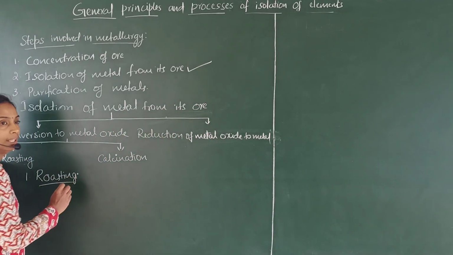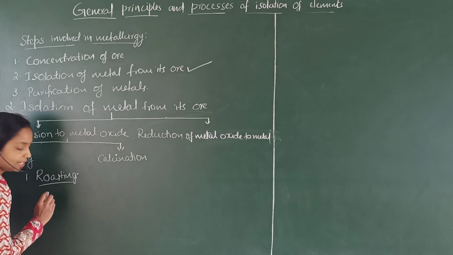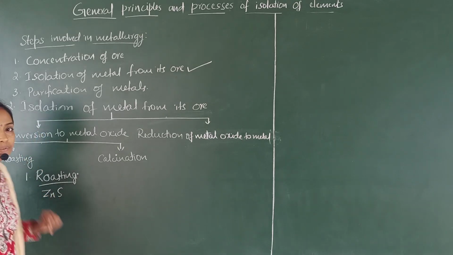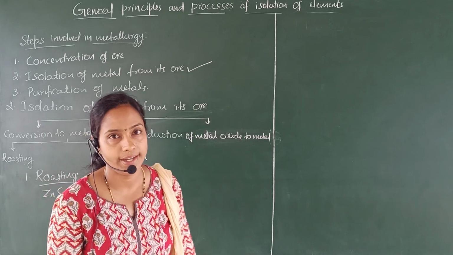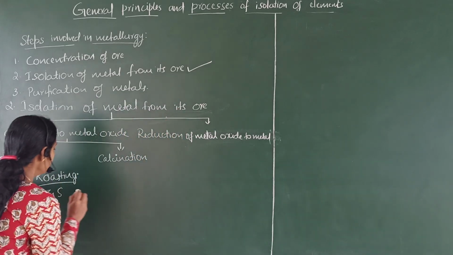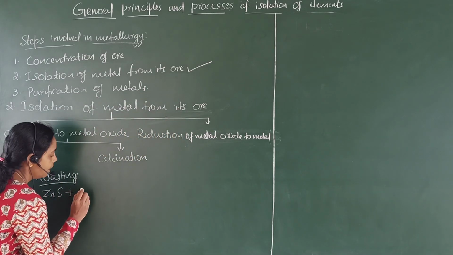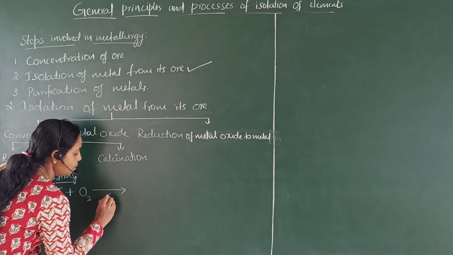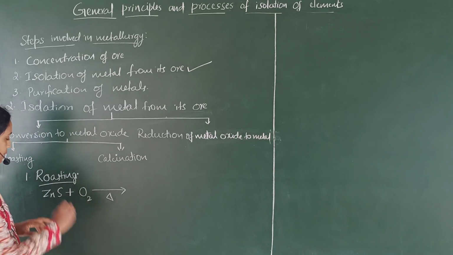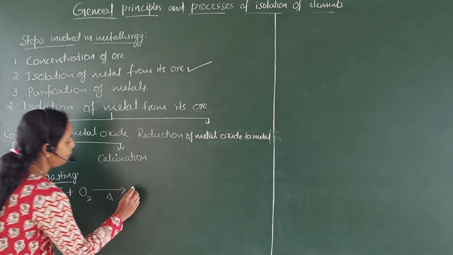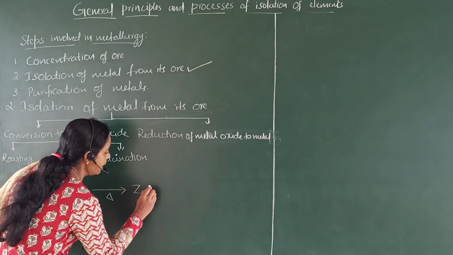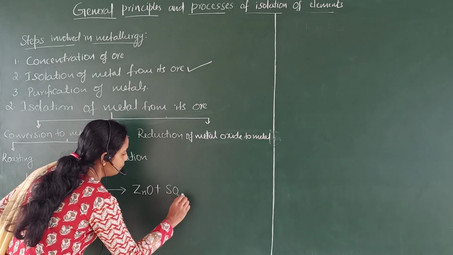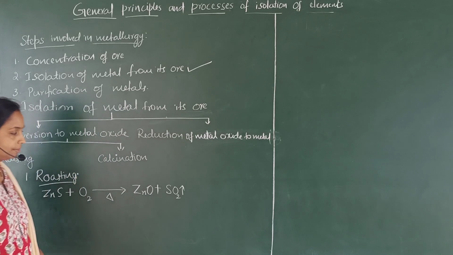We will take roasting of zinc blende as an example. The composition of zinc blende is ZnS. When zinc sulfide is heated in the presence of excess oxygen, it is converted into zinc oxide with the liberation of sulfur dioxide gas.